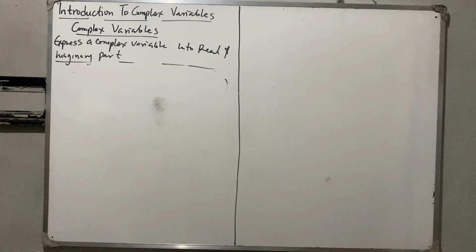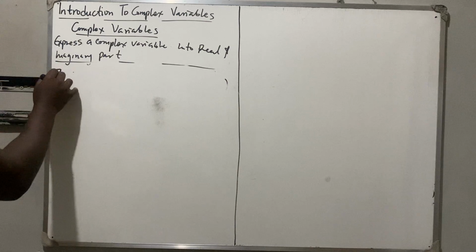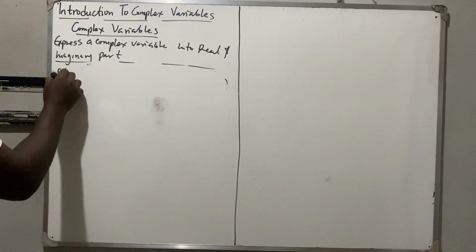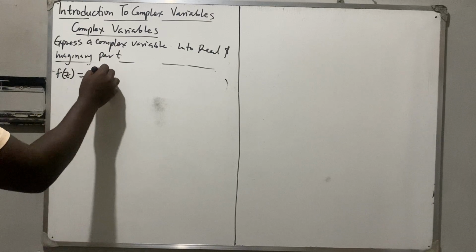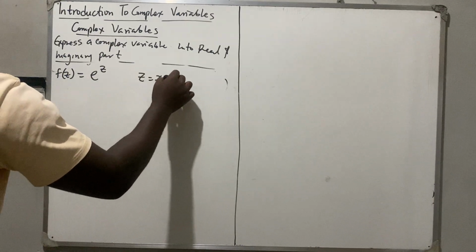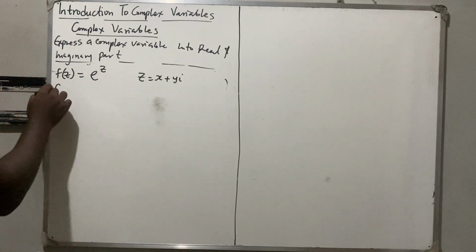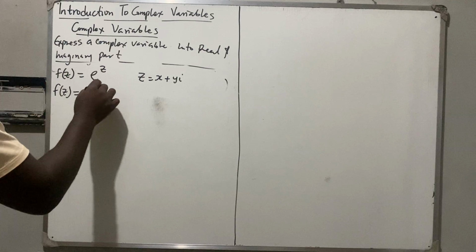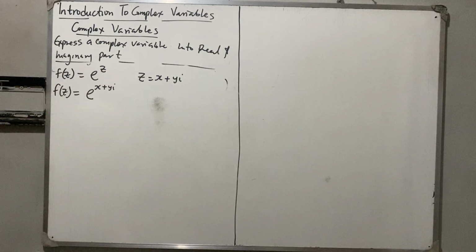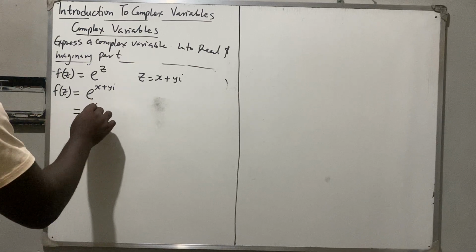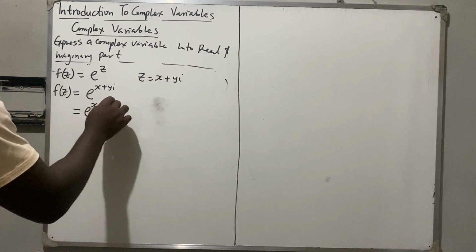So for question number 2, we are given that a function of z is equal to exponential z. Now don't forget again that z is equal to x plus yi. So if I put it here, you see that f of z is equal to exponential x plus yi. So if you open the bracket here, you are going to have exponential x multiplied by exponential yi.